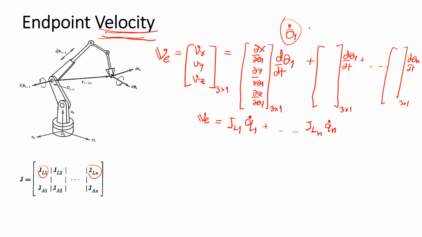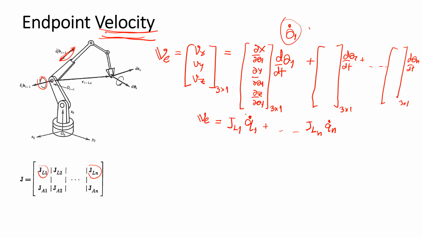And we know that the joint can be a revolute joint, or the joint can be a prismatic joint. For this joint, we rotate. For this joint, we extend the length, or we change the joint offset.